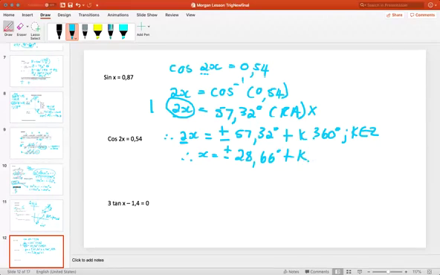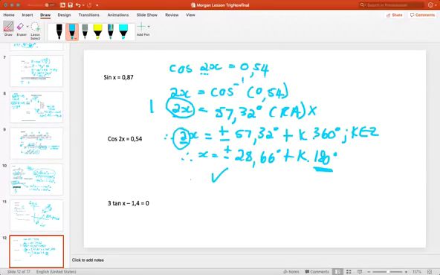Plus, and 360 divided by 2 is 180. And that is very important. A lot of people forget that when you're dividing in any type of equation, that you divide right through, from left to right. Every single term gets divided by whatever is standing in front of x. And we would then be done.